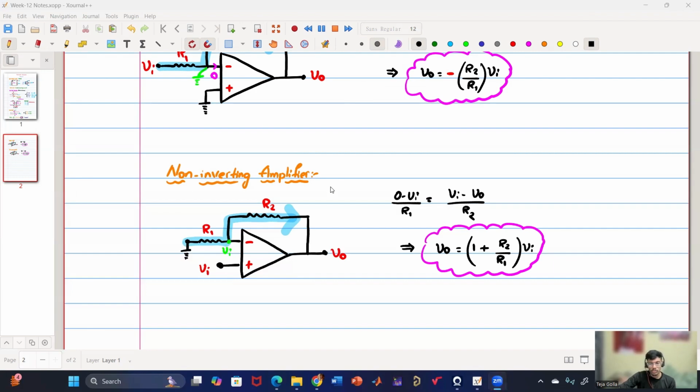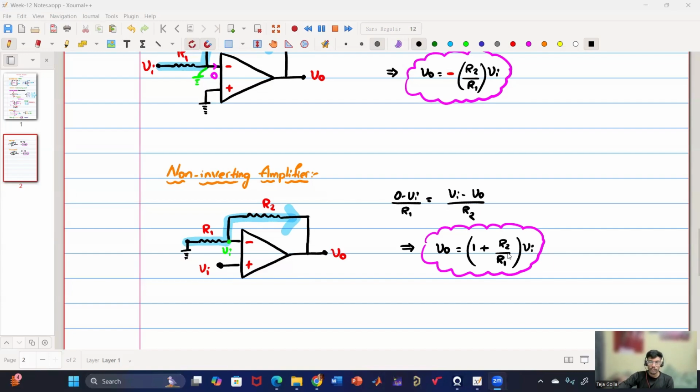So what should be my R2 and R1 values? Parvatam, can you calculate what will be the values of R1 and R2? Not possible because one is there.